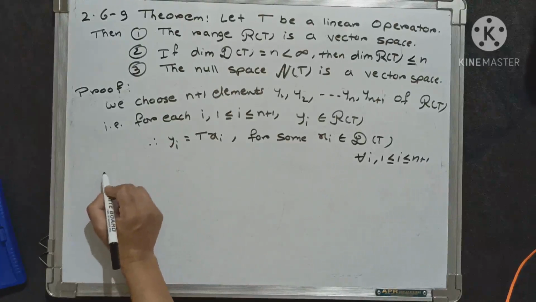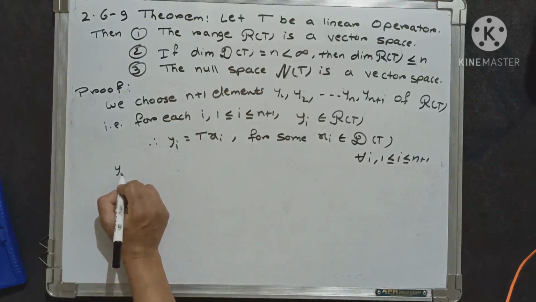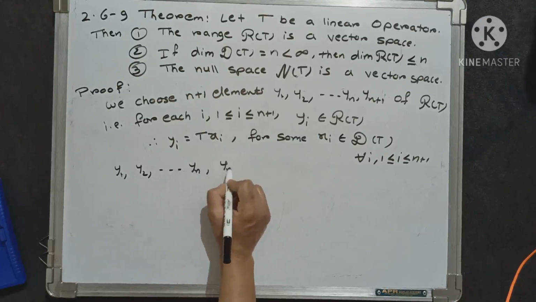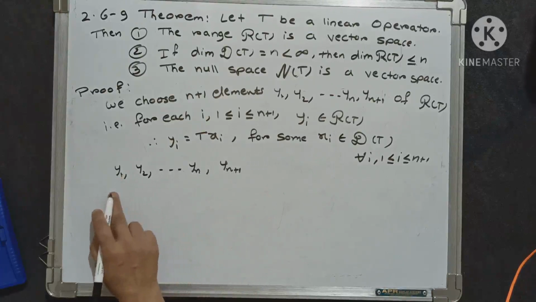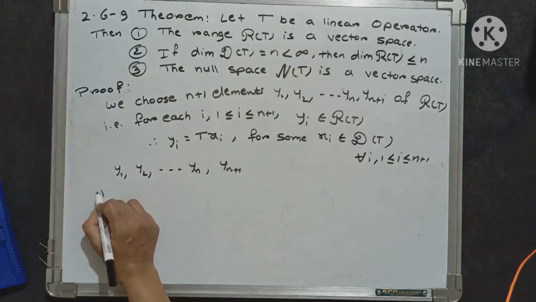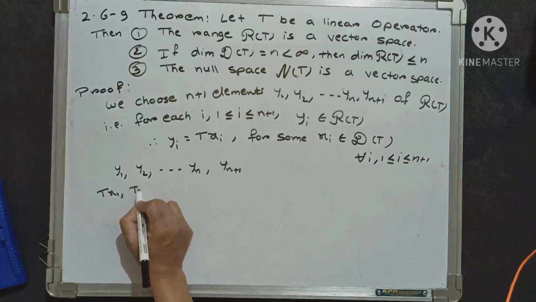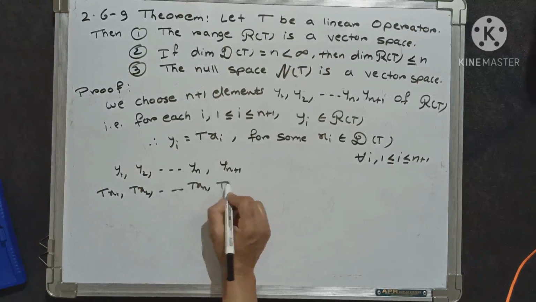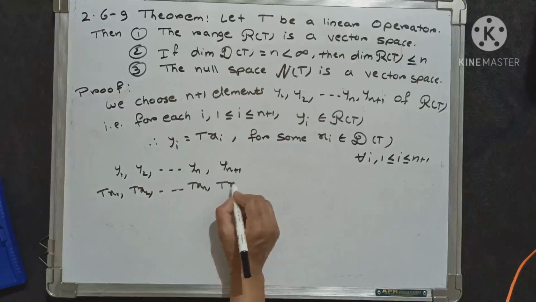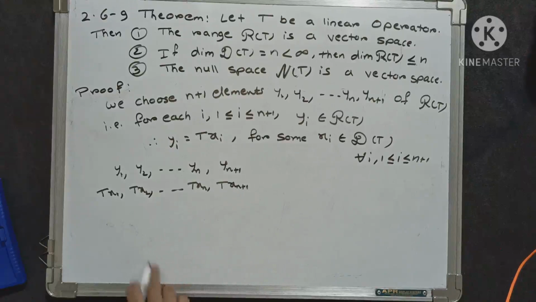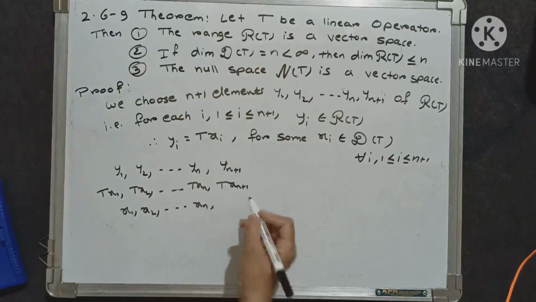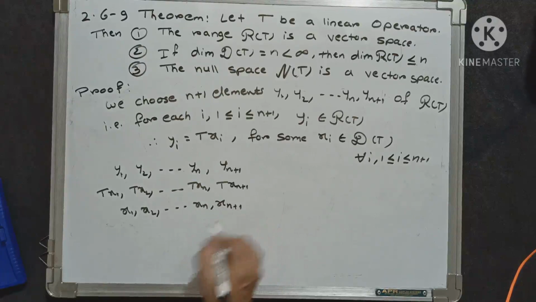Therefore, as we have the elements y1, y2, up to yn plus 1, we put the value of y1 as Tx1, then Tx2, up to Txn, and again yn plus 1 as Txn plus 1. From this we get the elements x1, x2, up to xn and xn plus 1.